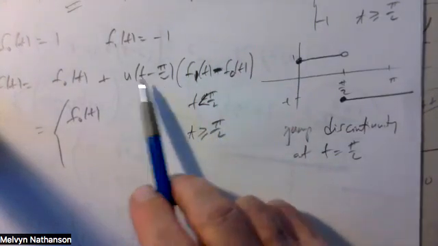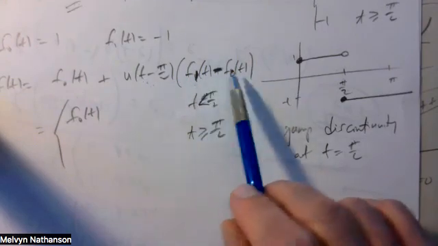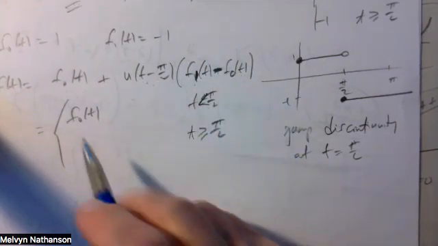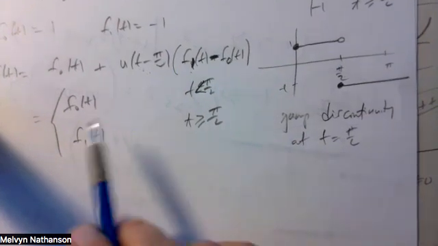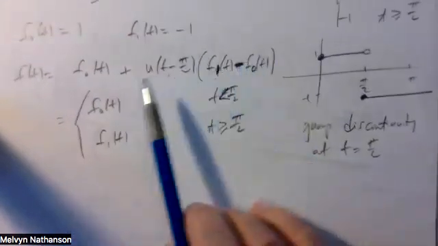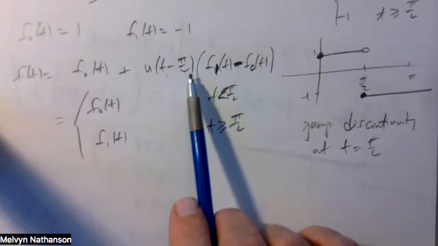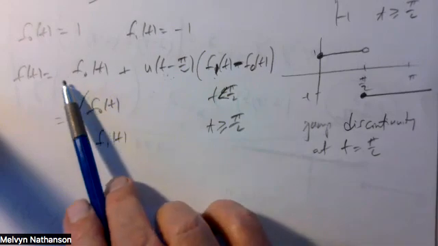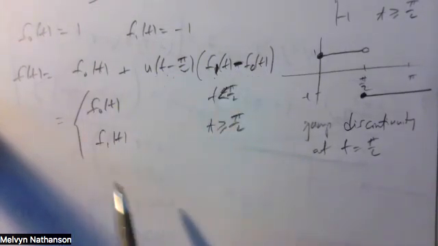When this is 1, I have f0 plus f1 minus f0. The f0s cancel. This is f1 of t. So in general, this is how you write a function with one jump discontinuity as one simple equation involving the translated unit step function.